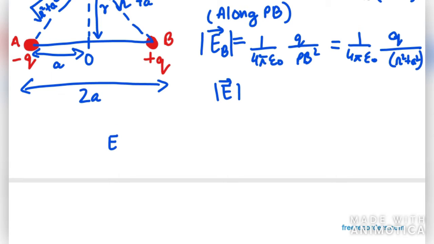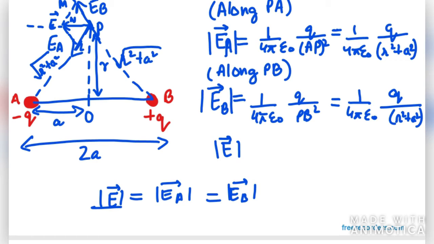With respect to vector E, we have AB. With respect to vector EA, this is EA, so we have PA for it. And for vector EB, we have PB for it.